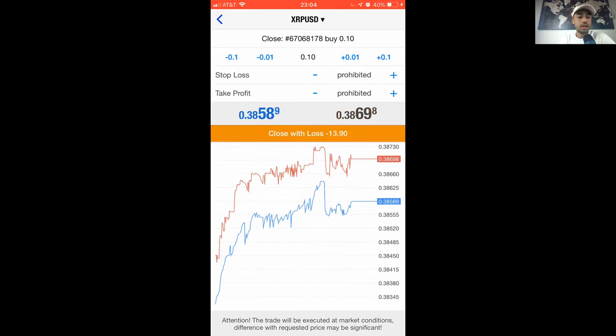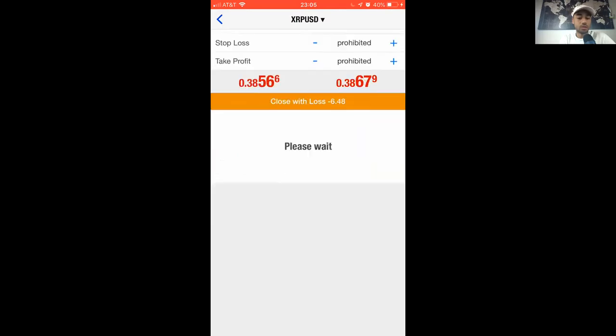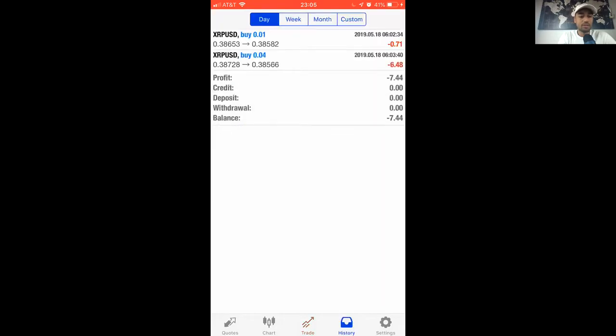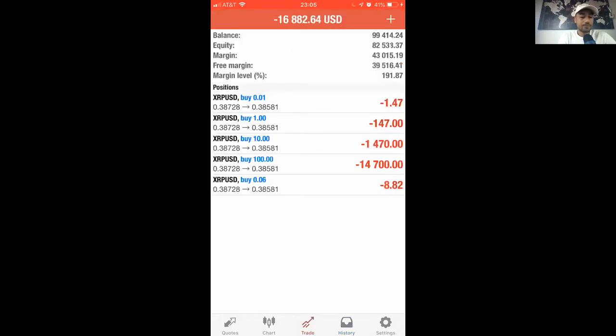You see where it says the negative 0.01, you can put it down, and now I want to get out of just 0.04 of the trade, let's say, close. And then you'll see 0.06, so I got out 0.04 of it. You see where it says history, 0.04, I got out a portion of it. All right, and that's where I have that, right? So I'm just changing up the lot sizes, getting in, getting out, so you'll be able to see certain stuff.